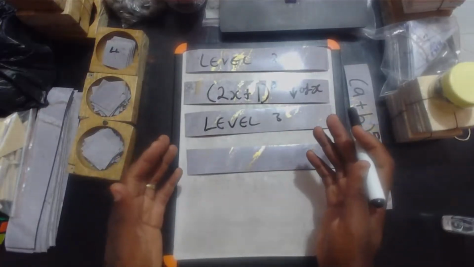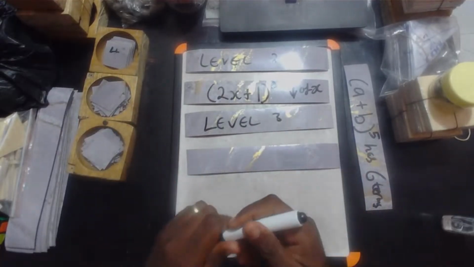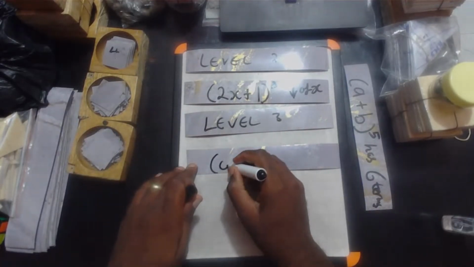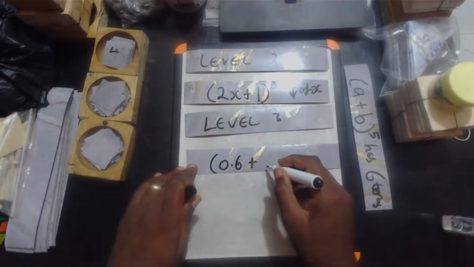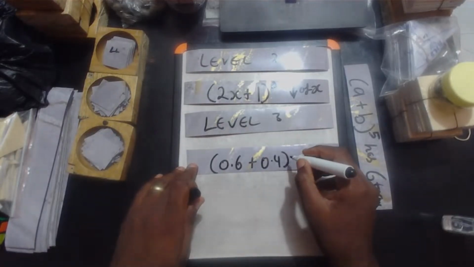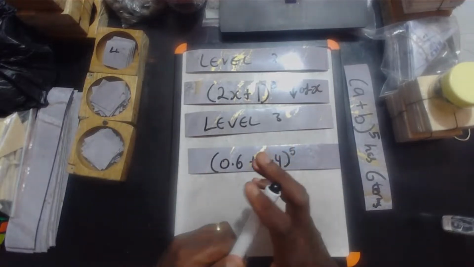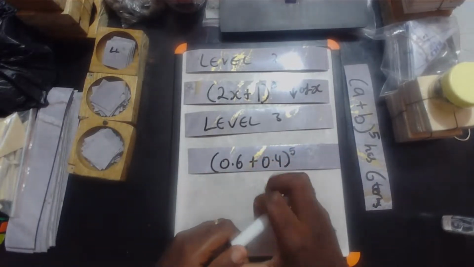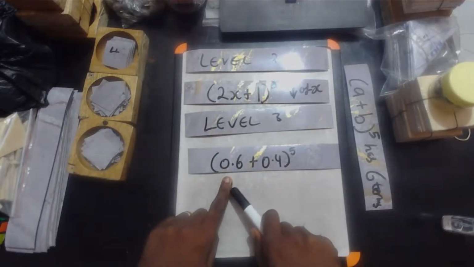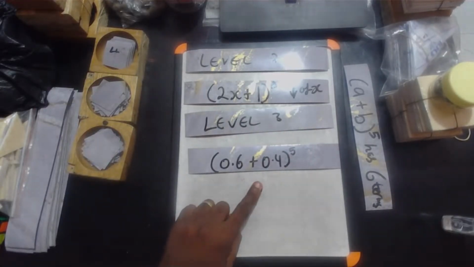They model this using (0.6 + 0.4) to the power 5, where 0.6 is the probability of catching mackerel, the specific type of fish, and 0.4 is the probability of catching tilapia.